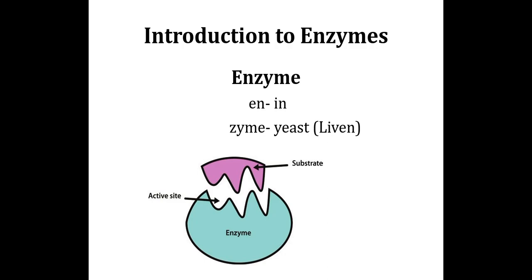These chemical reactions are catalyzed by special, remarkable proteins, and they are called enzymes. So enzymes are the most important constituent of the biological world and have made life possible on the surface of the earth.